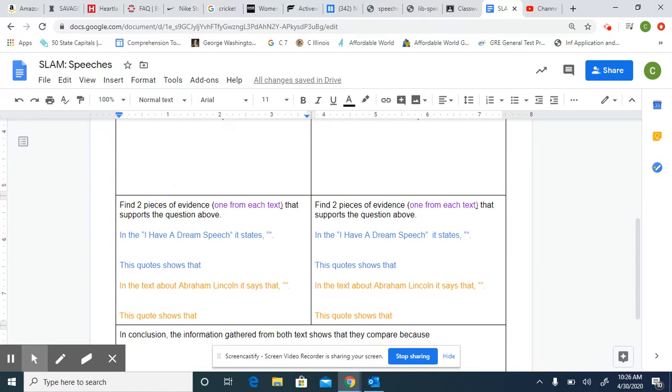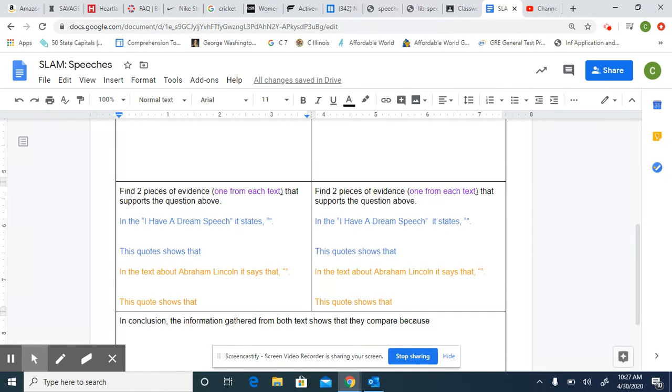Down here is where you're going to add 2 pieces of evidence, one from each text. So you'll say, in the "I Have a Dream" speech, it states that blank, blank, blank. This quote shows whatever it shows, okay? And then you're going to go to the Abraham Lincoln speech and you're going to use a piece of evidence that shows a similarity.